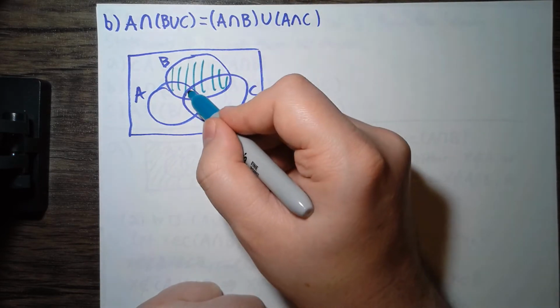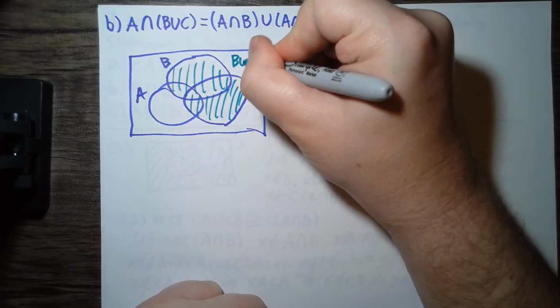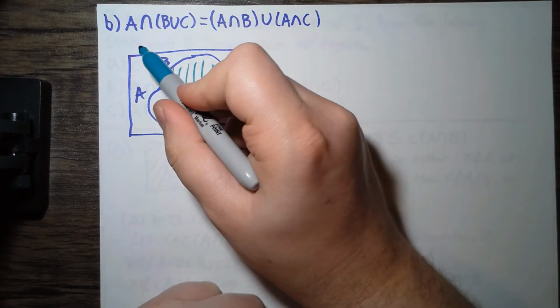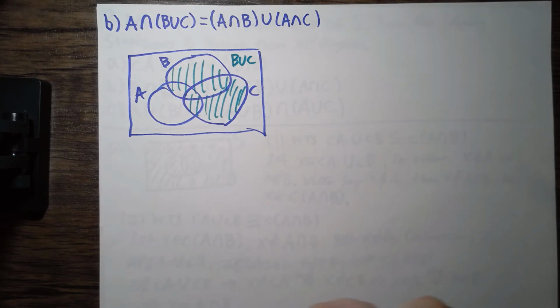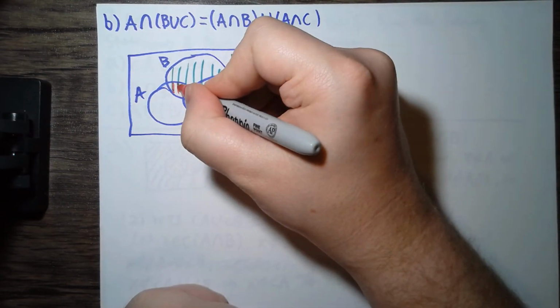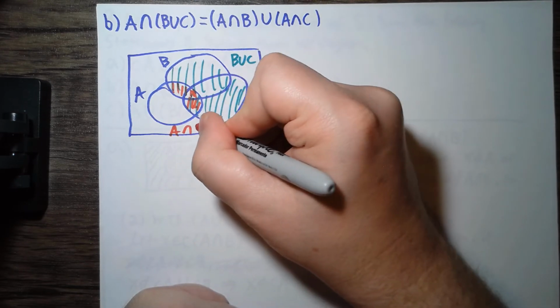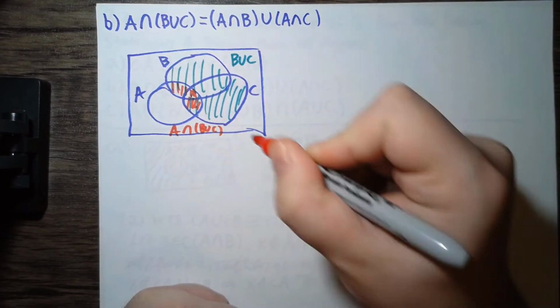And so this is B union C. And if we look at A intersect B union C, it's going to be this. So this will be A intersect B union C.